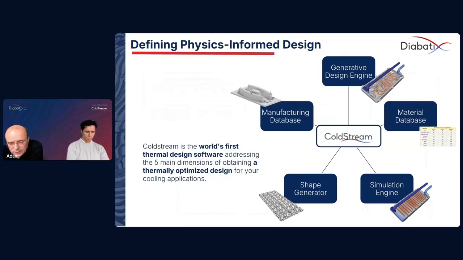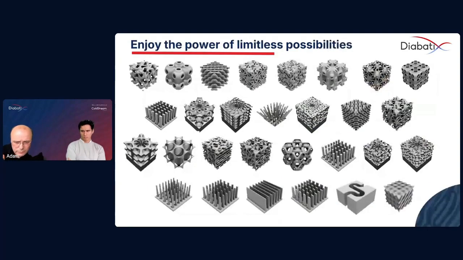The key is that those two pieces are intrinsically connected to material bases for the liquids and solids, and to the manufacturing technique behind, to make sure that the designs we create with this innovative thermal design approach are actually manufacturable.